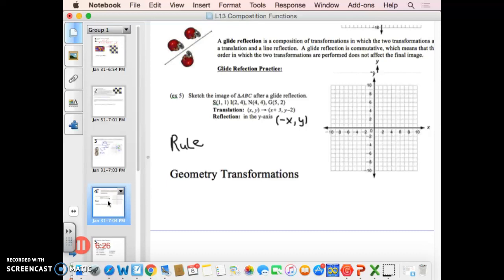So first of all, we're going to sketch the image of SING after a glide reflection. So you should see this at the top of page 13 in your notes. All right. So I'm going to sketch S at 1, 1, which is here. And then I is at 2, 4.